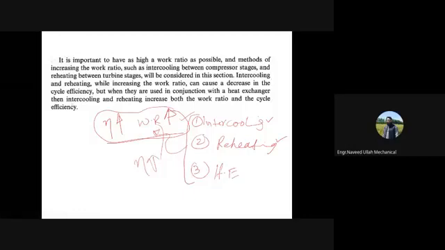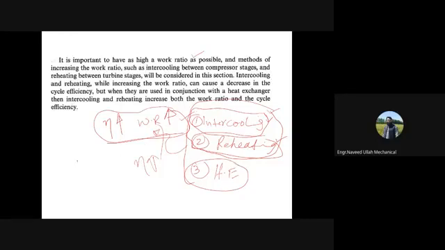Then there is also another thing, maybe written somewhere in this paragraph, that is why I put it here: if you are simply using an intercooling process, or you use reheating, then listen to this sentence, we will validate it. If you are only using this intercooling or reheating process and not using a heat exchanger, then yes, you will see that your work ratio is increased but the efficiency will decrease.